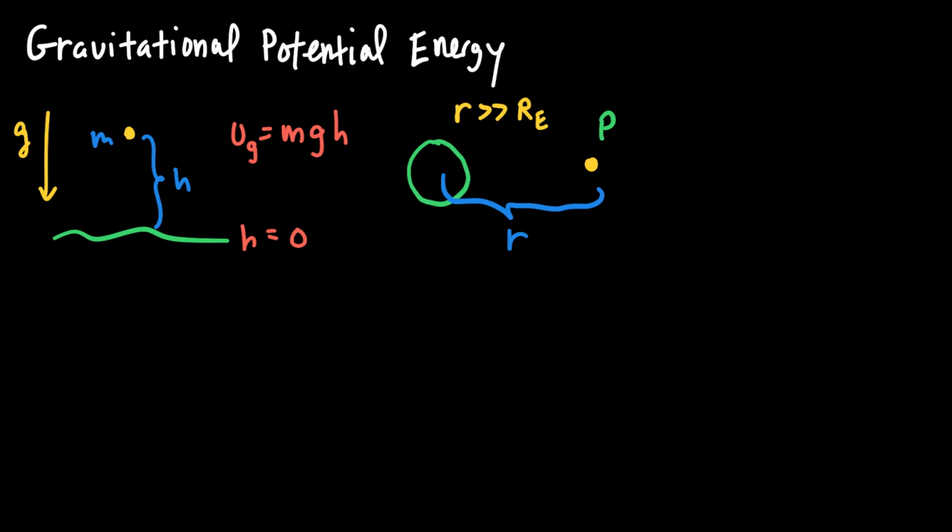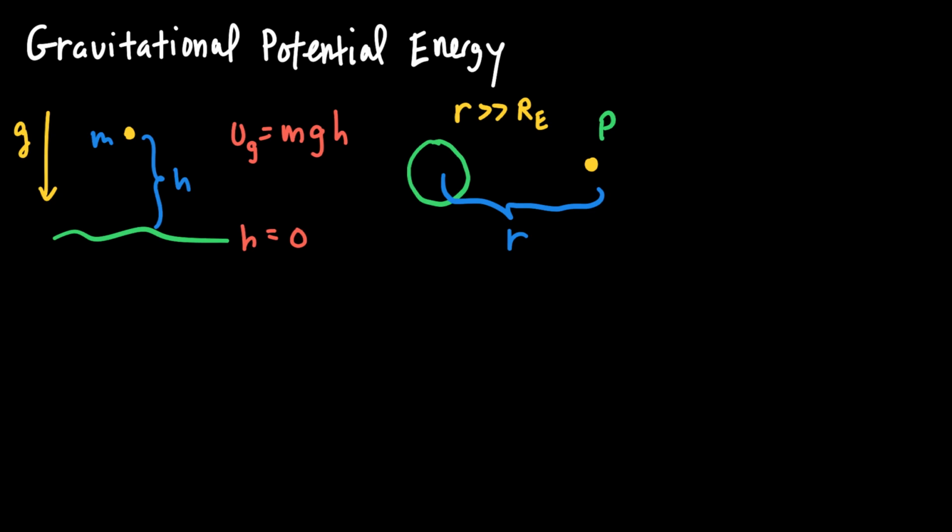The way we'll have to define the gravitational potential energy for cases like at point P or further away is a little bit tough, so I'm going to show a few of the steps that will help us understand why we have the equation that we will have for gravitational potential energy in these cases.